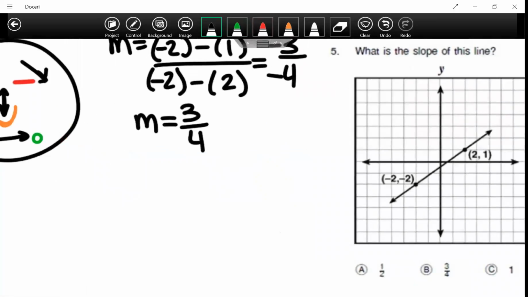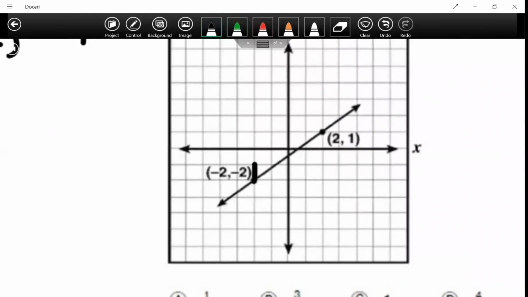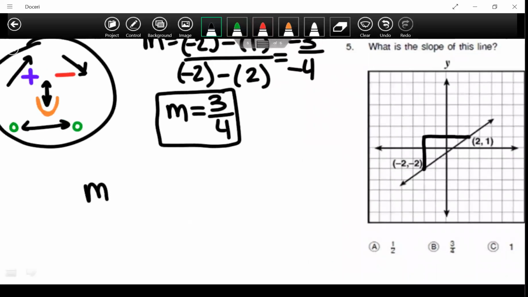Okay. Looking at this one, that's one method of showing you how to get the slope. The triangle method is using the graph directly. It's a little bit easier. I'm going to make a triangle out of my 2 points. Slope is always my y's over my x's, so rise over run.